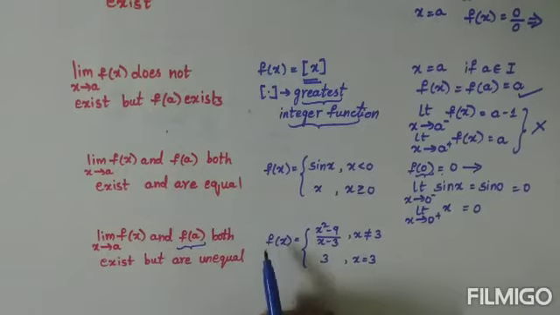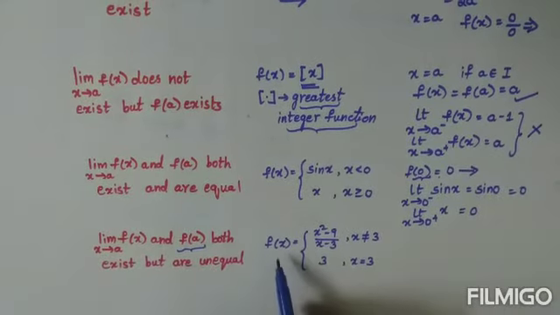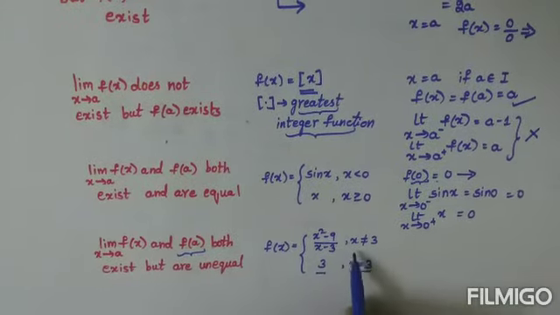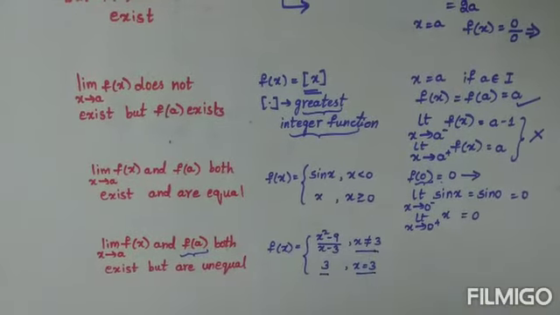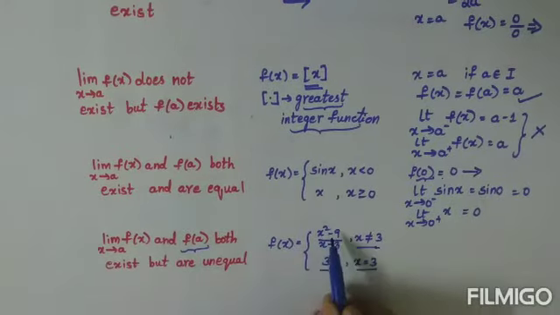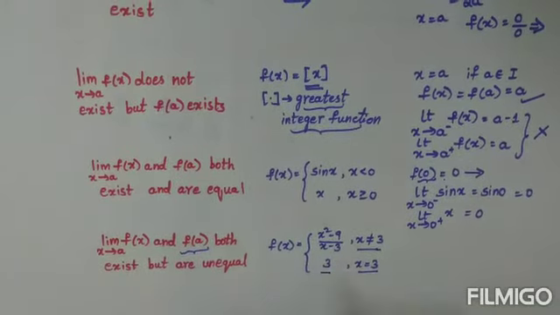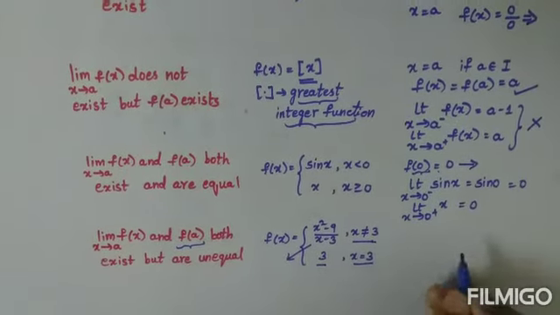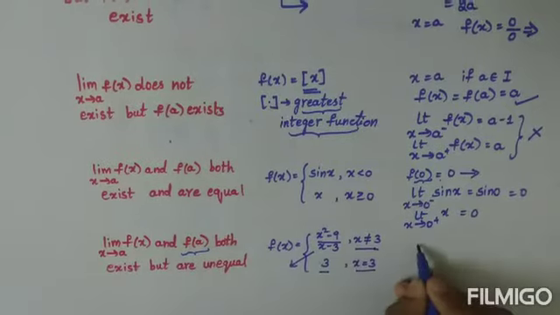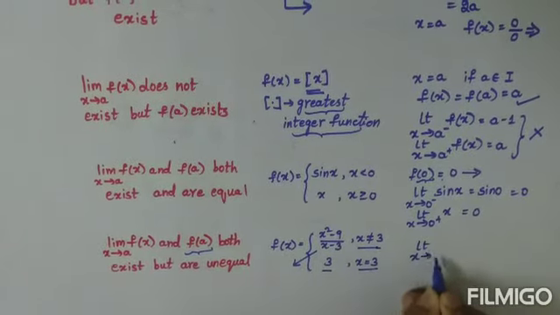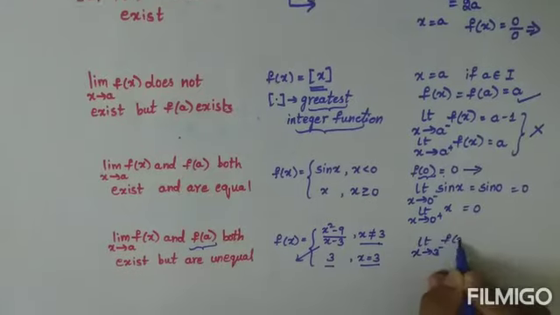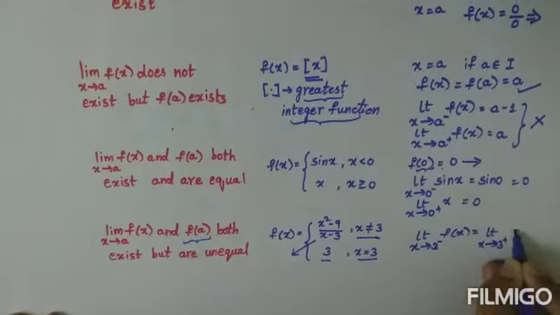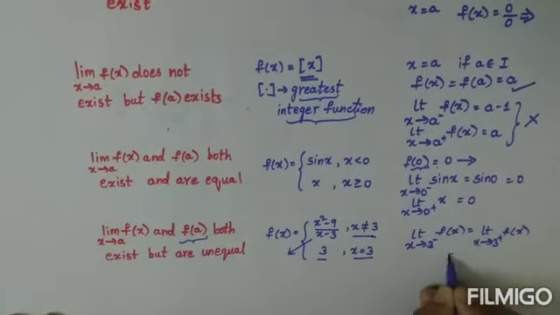So here the example we have taken is: the value of the function at x equal to 3 is given by 3, and when x is not equal to 3 it is given by x square minus 9 by x minus 3. Here if we observe, the right-handed limit and left-handed limit are equal and the value is given by x plus 3.